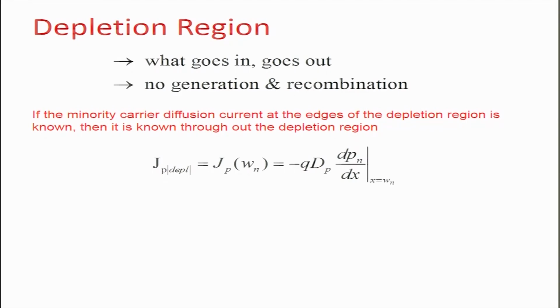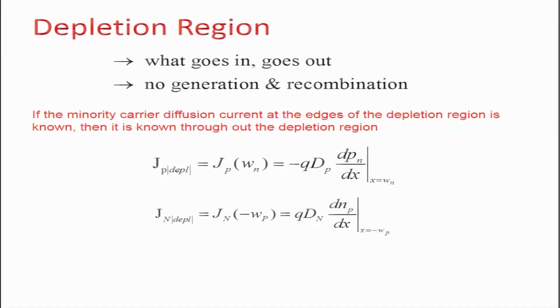Similarly, I can write Jn at the depletion region edge, that is Jn at minus Wp. This is Q Dn into dNp by dx at x equal to minus Wp, right. These are very straightforward equations, just taken at the boundary of the depletion region, because the current stays constant throughout the depletion region.